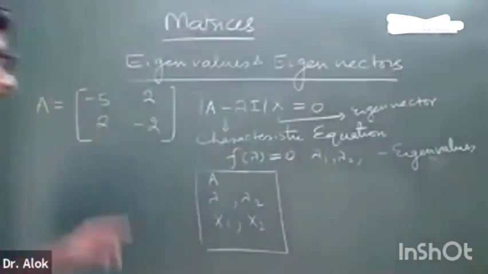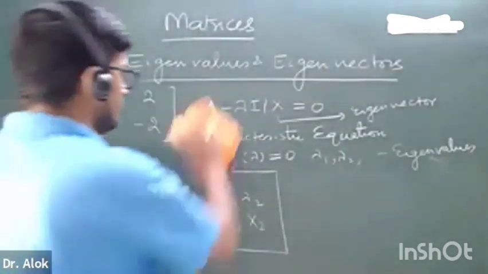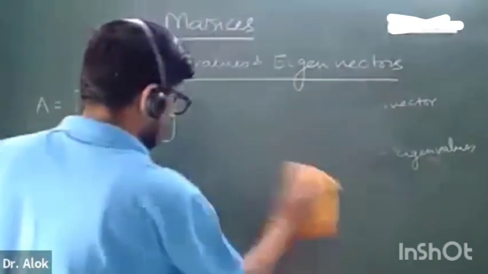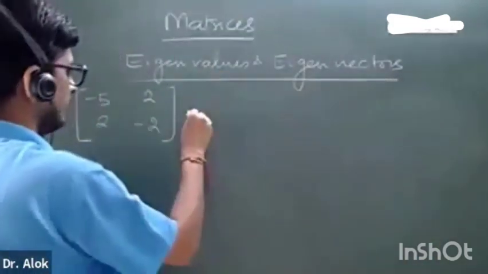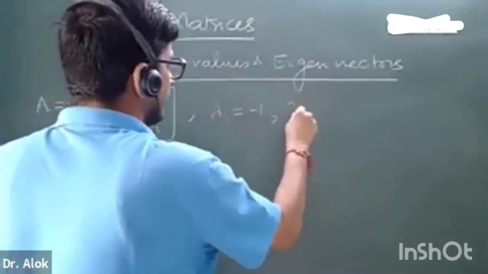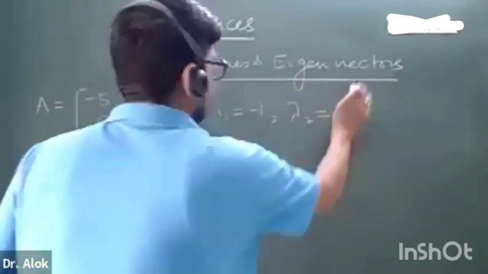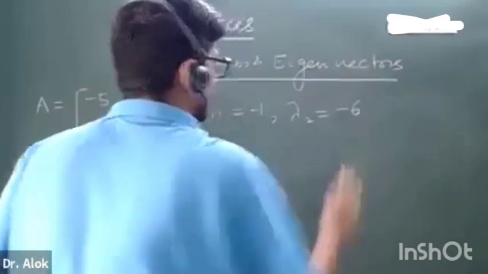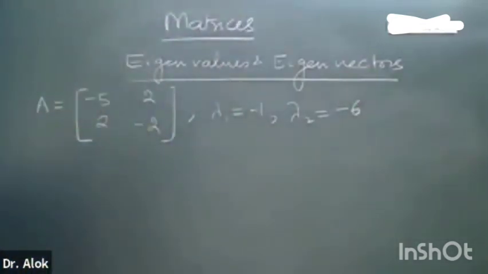Now I have already calculated the two eigenvalues, and what were they? -1 and -6. So now what I want to do, please see this carefully.